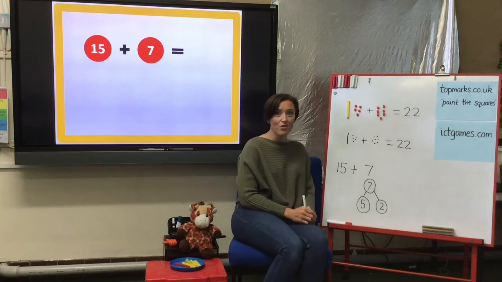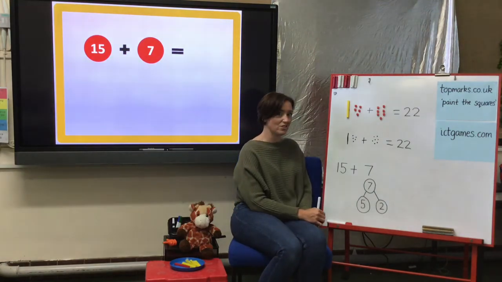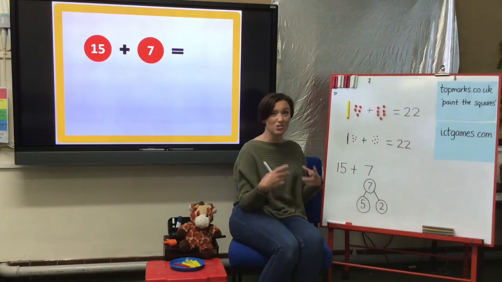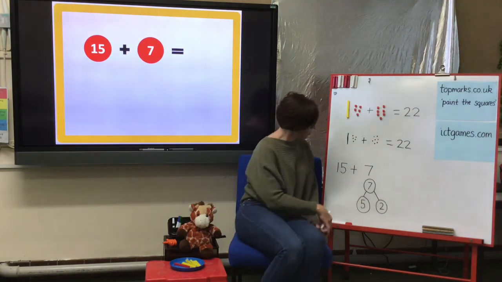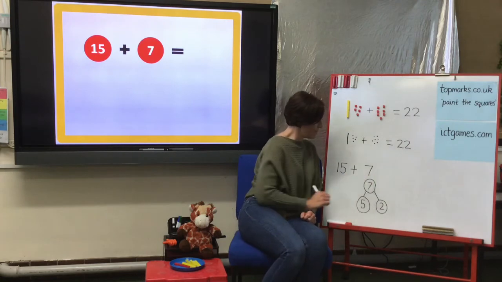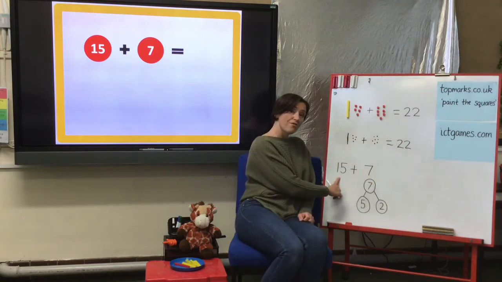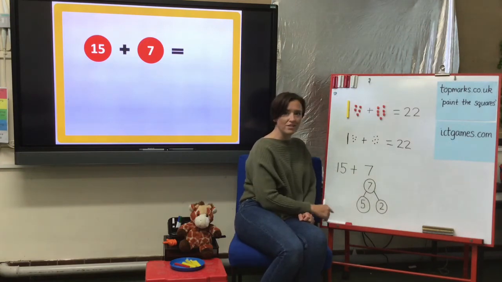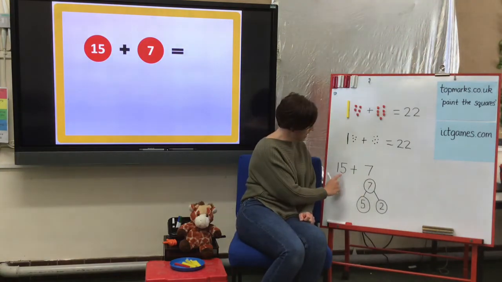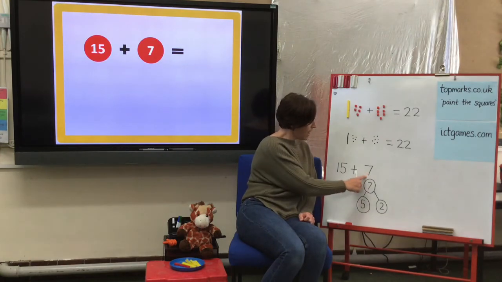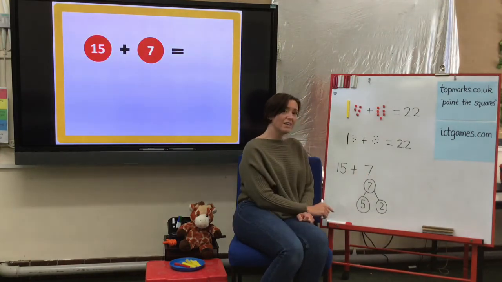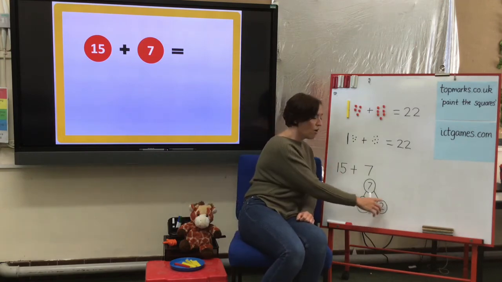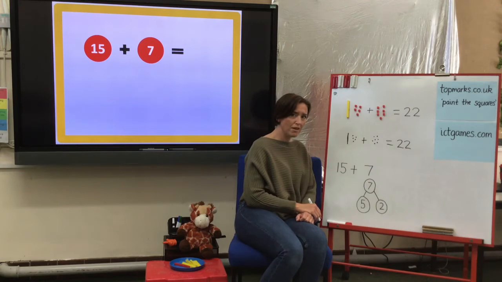Or you might use your mental calculation skills. So you might use your knowledge of number pairs to 10 or number pairs to 20 to help you with this. Now when I look at 15 add 7, I know that with 15, I need to add on 5 to get to 20 or 5 to get to the next 10. Now if I know that, I need to know what I need to partition 7 into. Okay, if I've got 5, what would I have left over to make 7.